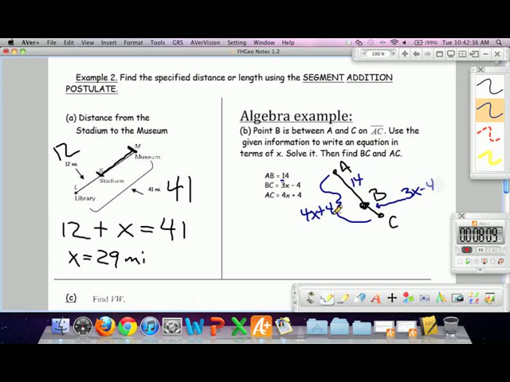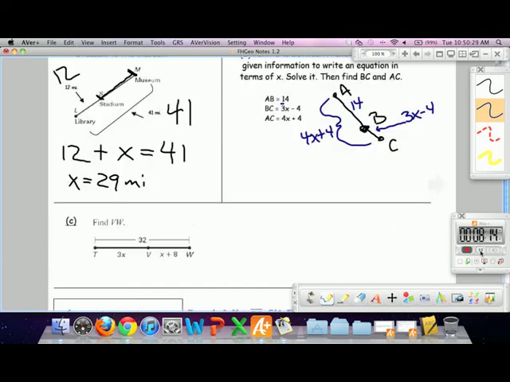Alright, so you should have, using the segment addition postulate, taken AB, which is 14, added it to the length of BC, which is 3x minus 4, and gotten the length of the entire segment, which is 4x plus 4.